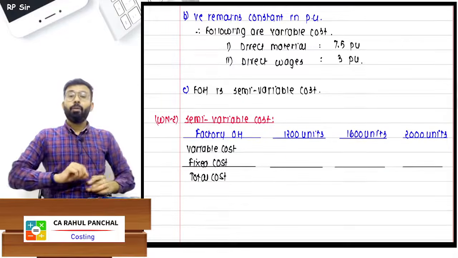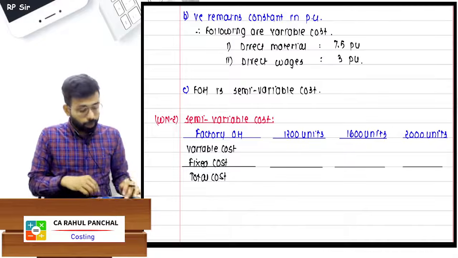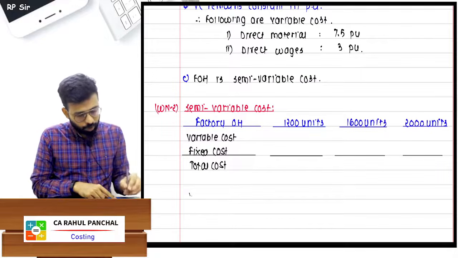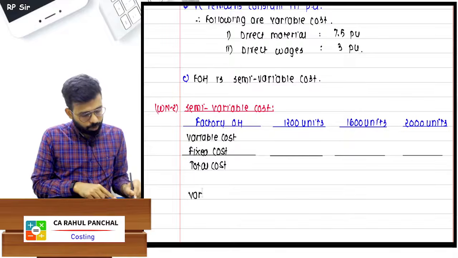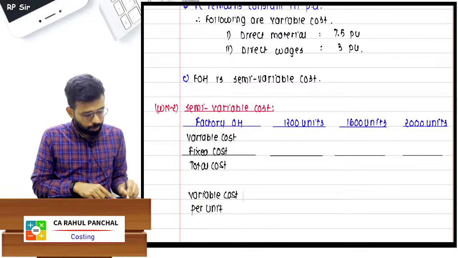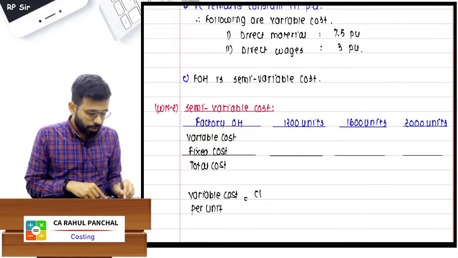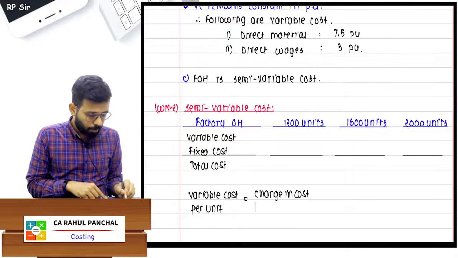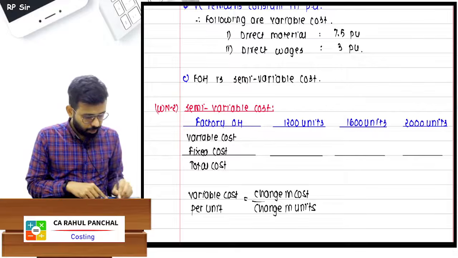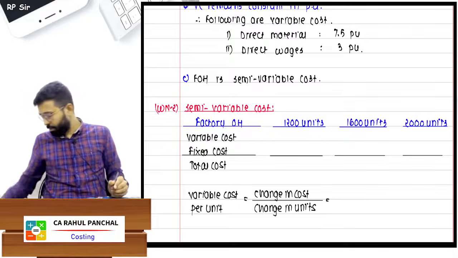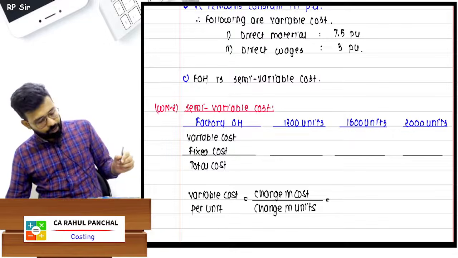Now, first we will have to calculate the variable cost per unit. To calculate it, you will have to write its formula. Variable cost per unit is equal to change in cost upon change in units, or change in quantity, whatever you write, that is okay. Units and quantity mean the same.